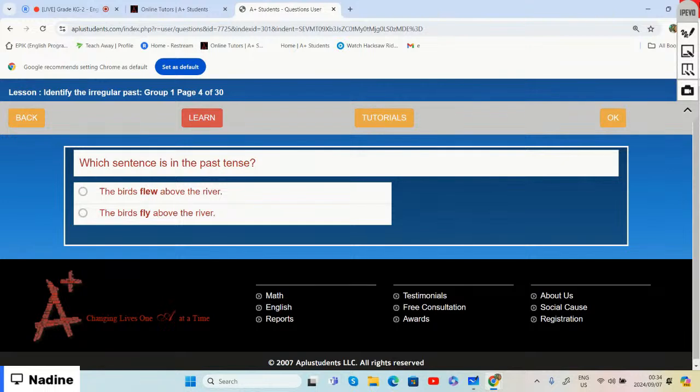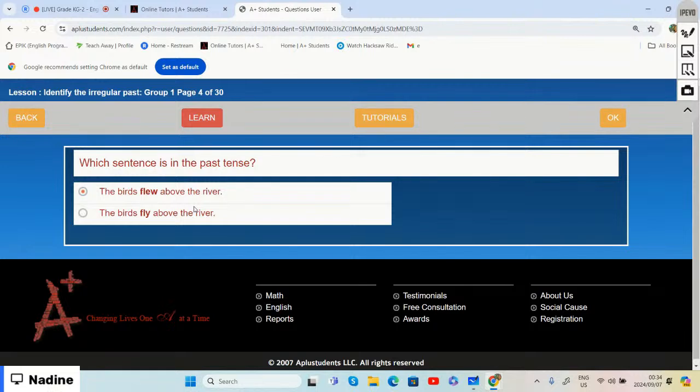All right, and if we choose the correct option, flew is actually correct. So flew is the past tense of fly.